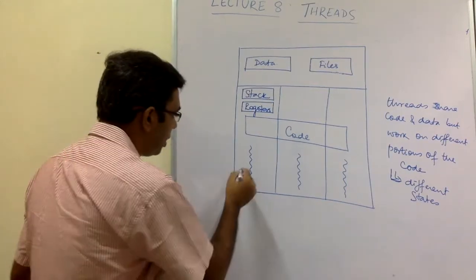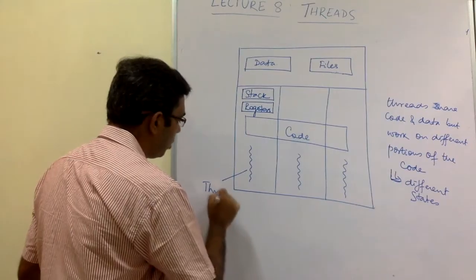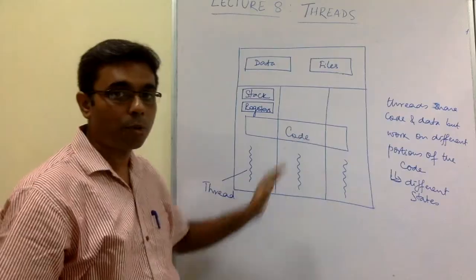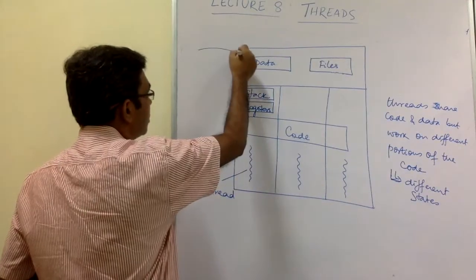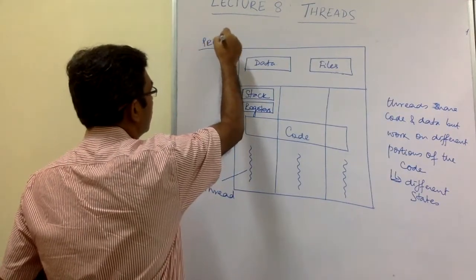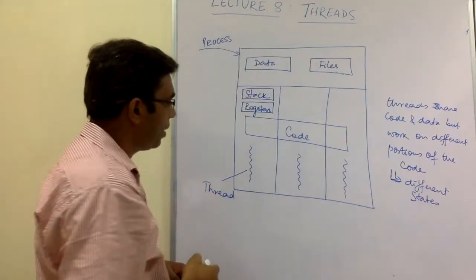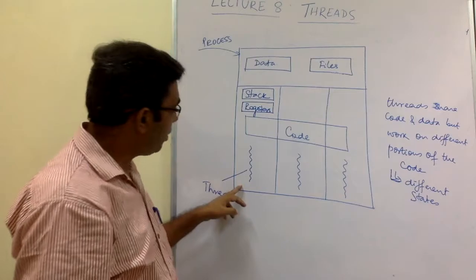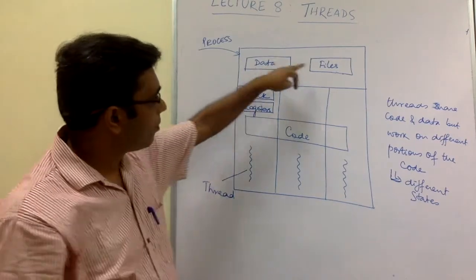So if this is a particular thread which has resulted out of this process, let's say a process which supports multi-threading, and we have created 3 threads out of that, each thread will be sharing some code, data and files.